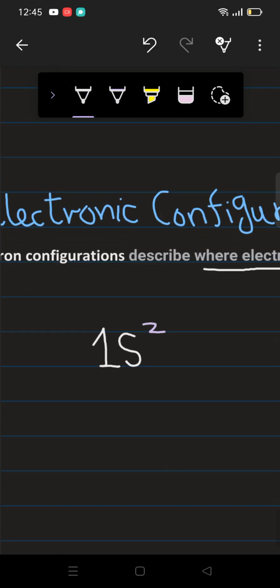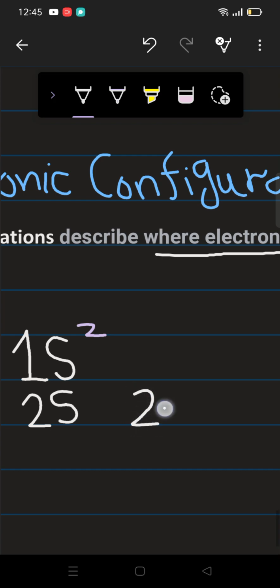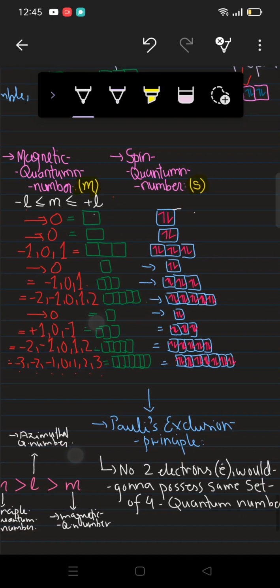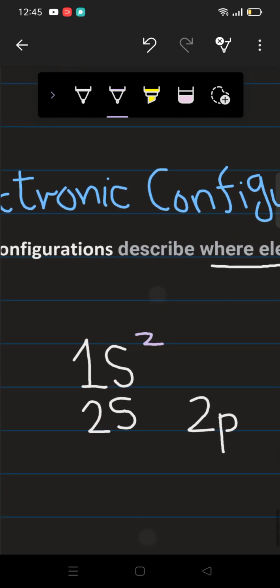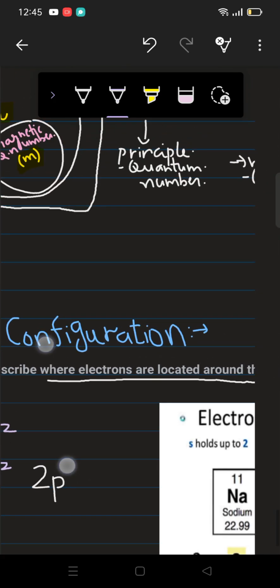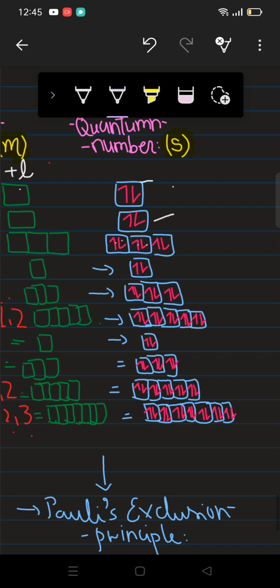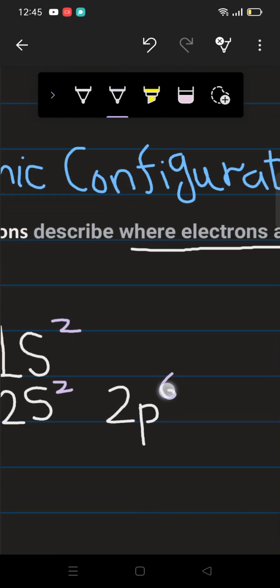So here I'm going to write 2s and 2p. In s we have 2 electrons, and in p, as you can see here, we have 1, 2, 3, 4, 5, 6 electrons. So in p we have 6 electrons.